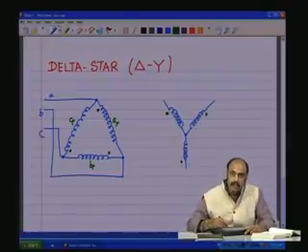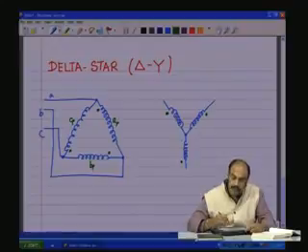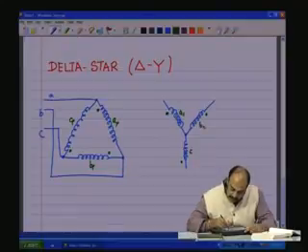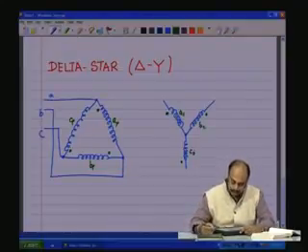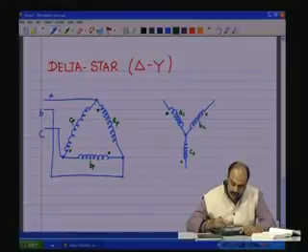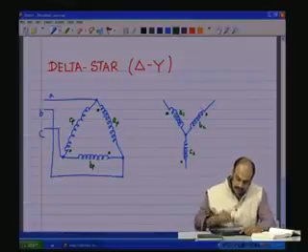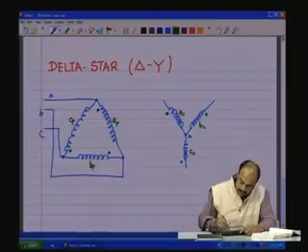One end of the secondary windings are connected at the neutral. These are the AS winding, the BS winding, the CS winding. Now, this is the neutral point.